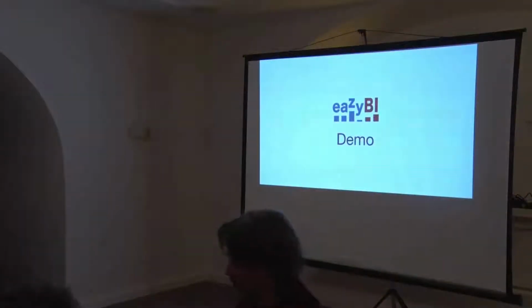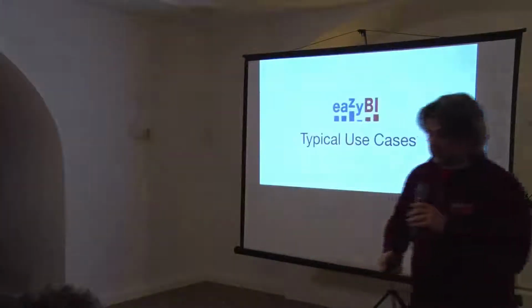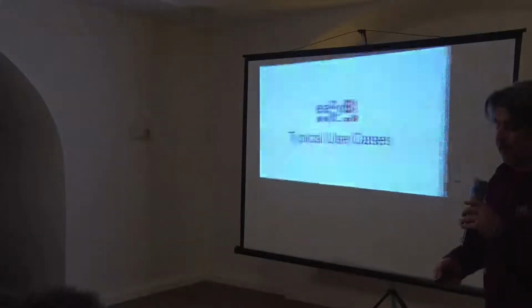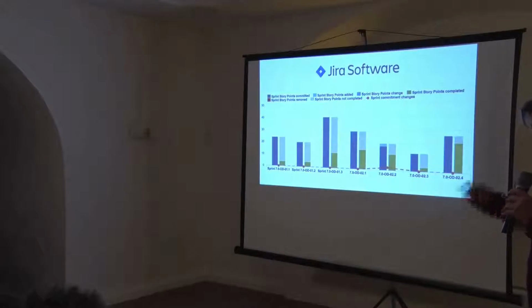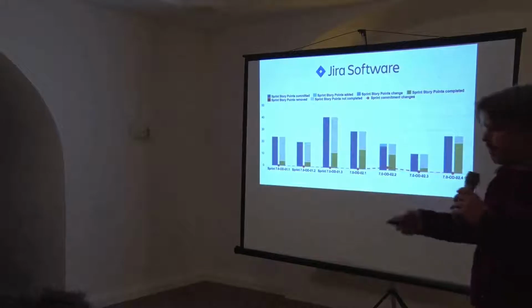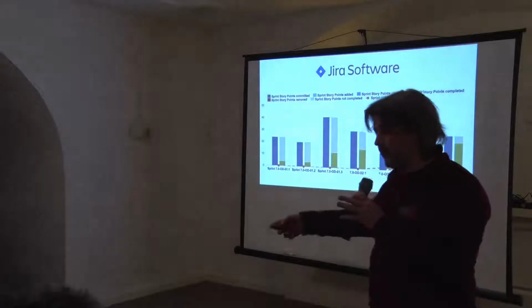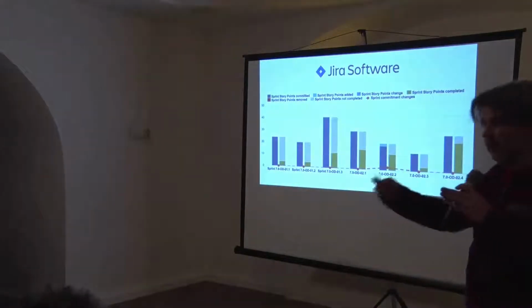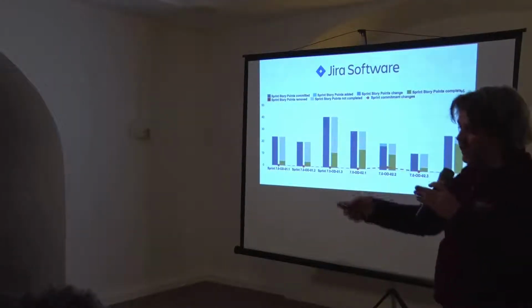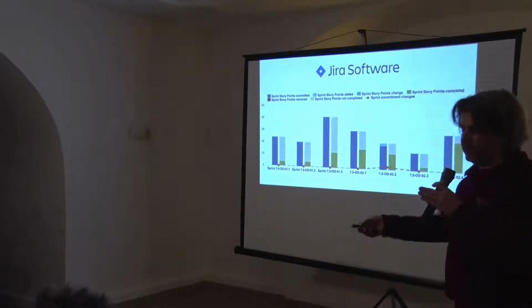And I just wanted to mention a couple of other typical use cases. What are the most frequent standard use cases? So one is, if customers are using Jira Software and planning their projects by sprints, by story points, we extract all the history of how many story points were committed at the beginning of the sprint, how many were changed during the sprint, how many were added or removed, and how many were completed at the end of the sprint.